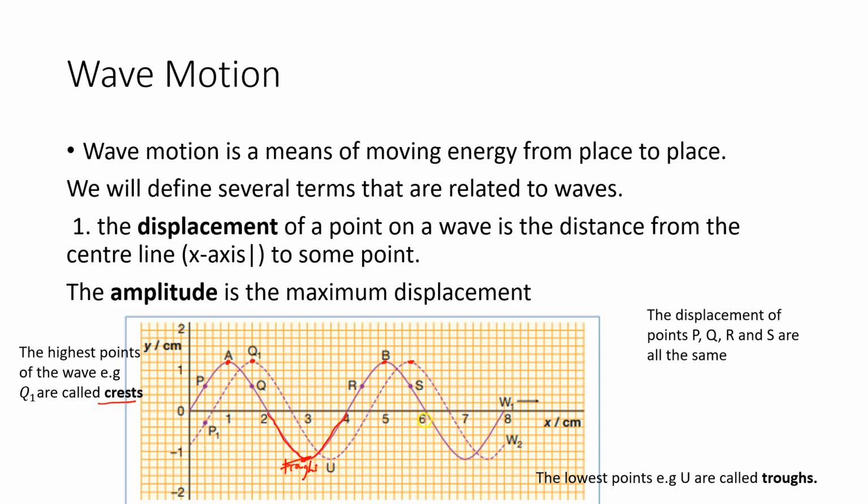So here's another trough right here. So remember now, in the positive region, those are what we call crests. And in the negative region, these ones are what we call troughs.